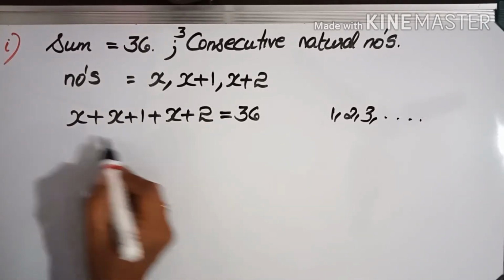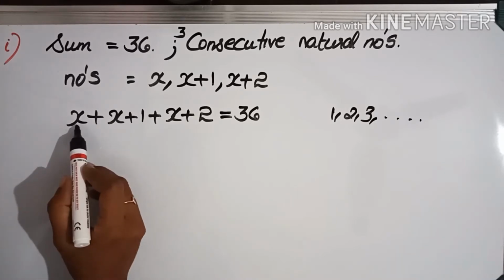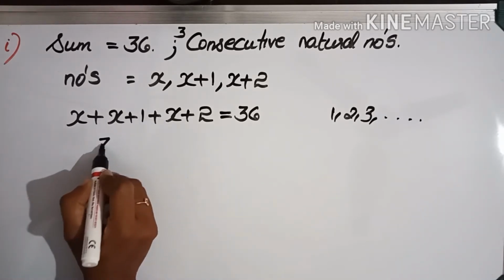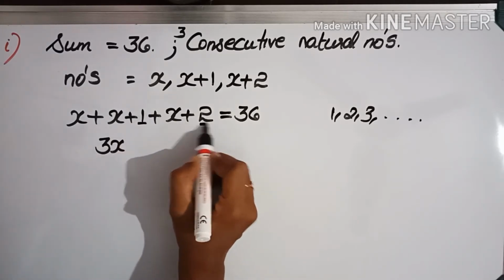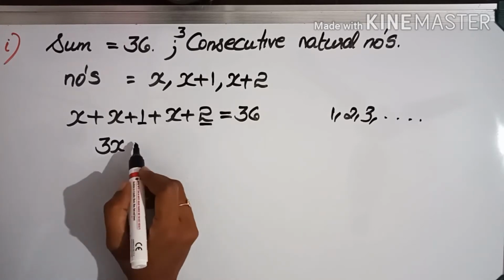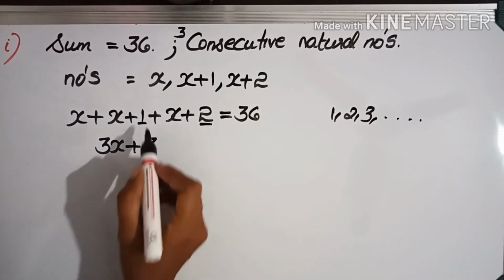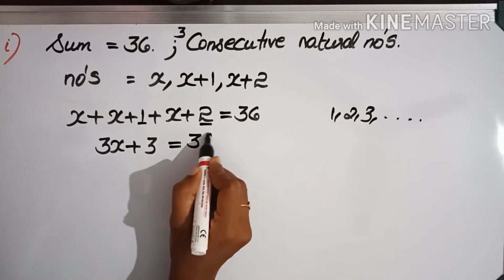Now let's add all the x values here. How many x in total? x, 1x, 1x, total is 3x. Now 1 here, 2 here, so 1 plus 2 is 3. So 3x plus 3. First add all the x terms, then add the numbers. Answer equal to 36.